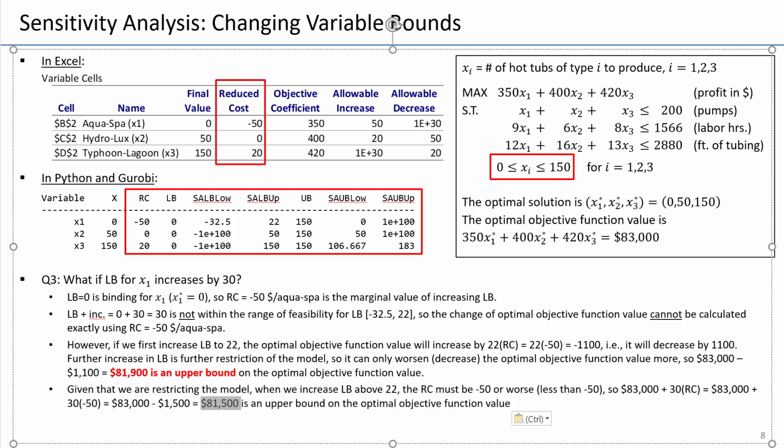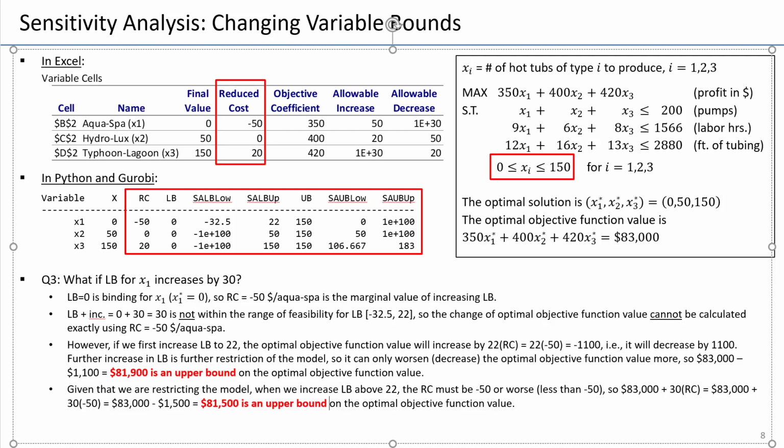Why do I claim this? Again, because minus 50 is the reduced cost for the first 22 units of increase in the lower bound. But beyond that value, things can only get worse. As you restrict, the decrease in profit must be at least 50, maybe even more.